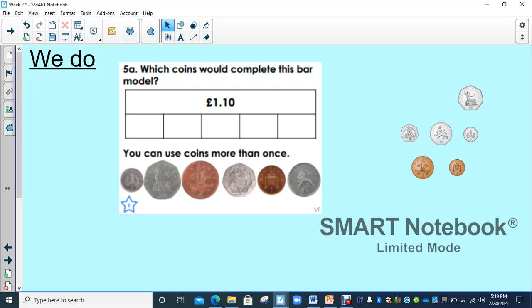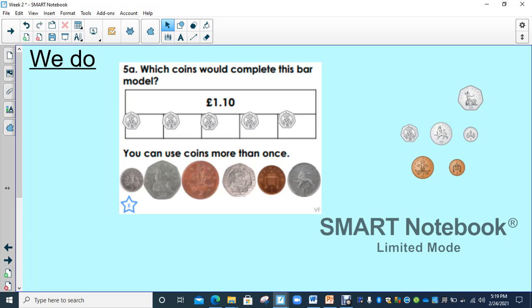Okay, so to begin with, what I would do is partition £1 and the 10 pence. Now I know that there are 5 20 pences in a pound because 5 times 20 is 100. So 5 times 20 pence is £1. And then next I've still got 10 pence.